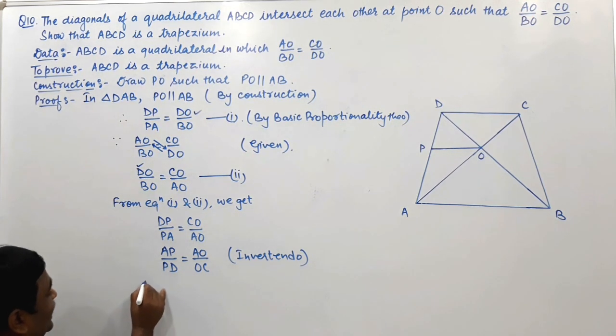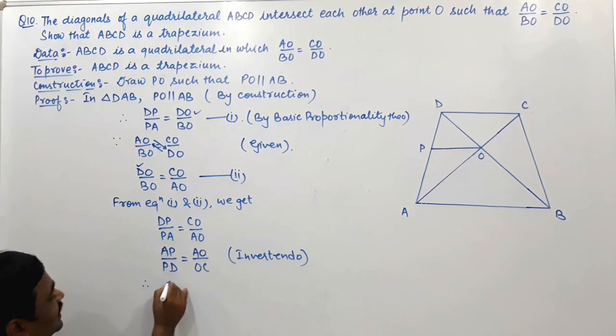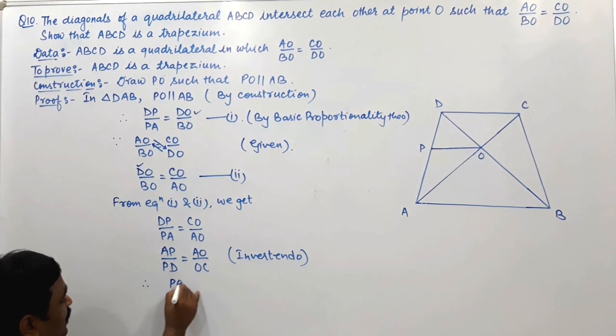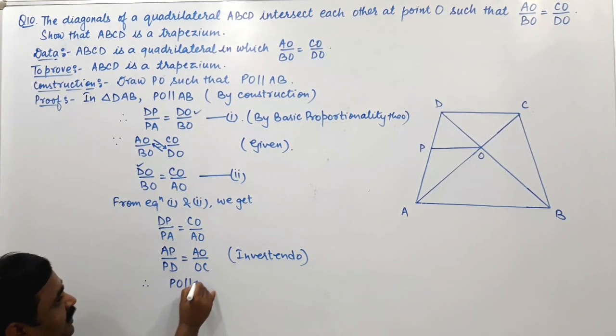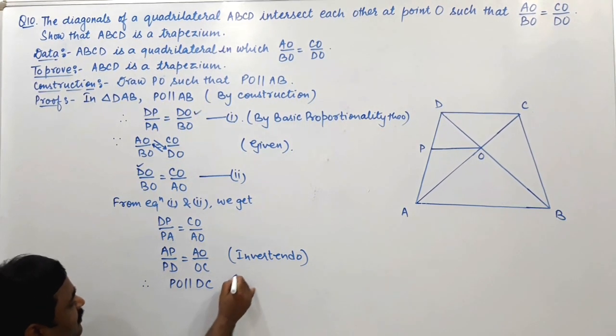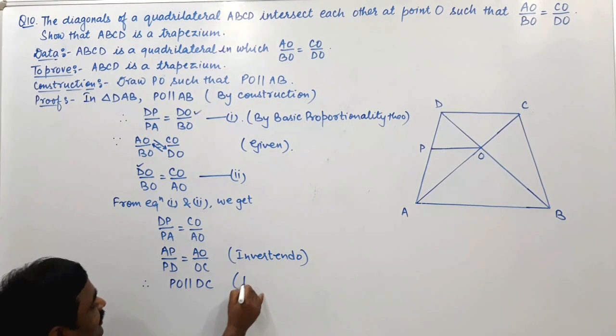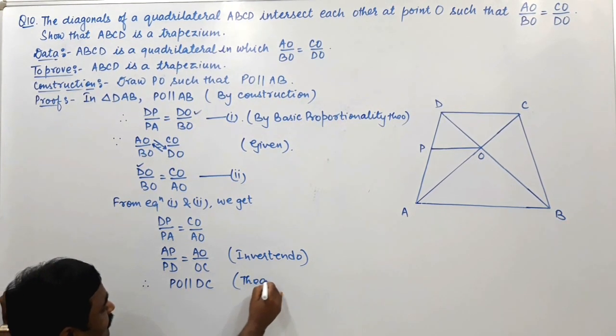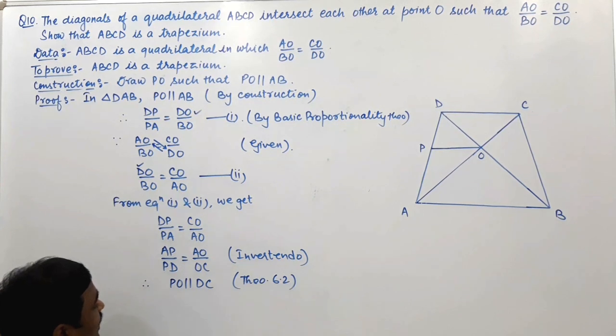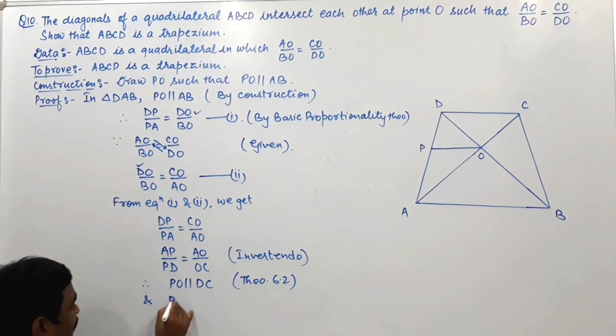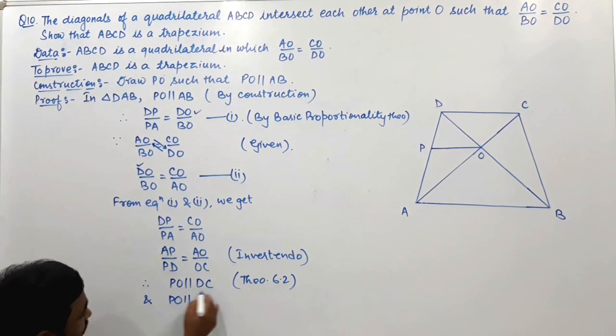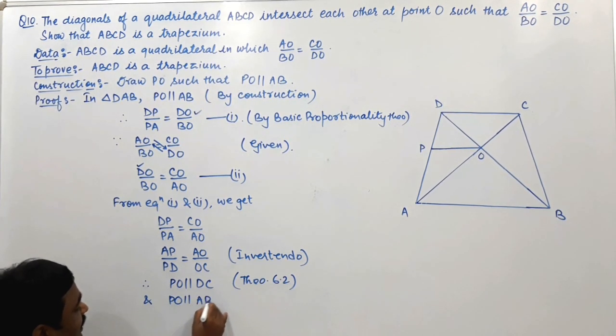Therefore we can write, this PO is parallel to DC also by theorem 6.2. Okay, this PO is parallel to DC and PO is also parallel to AB.